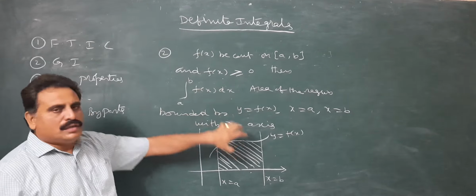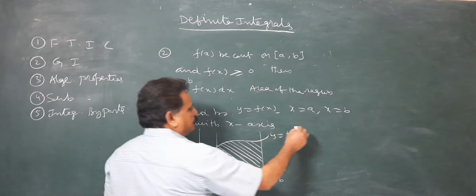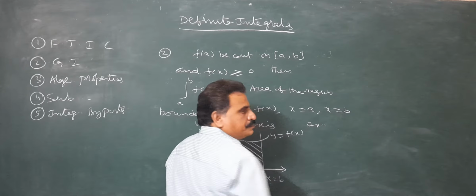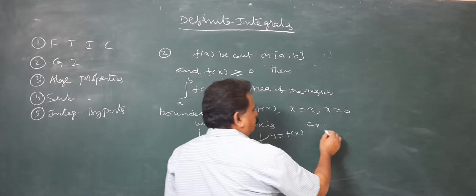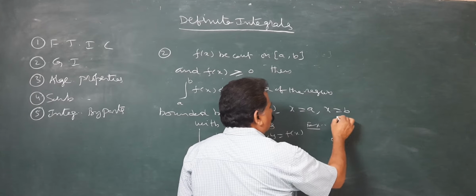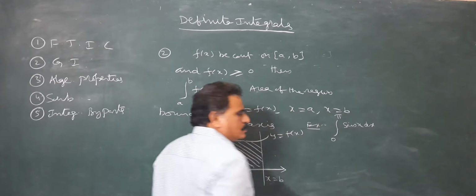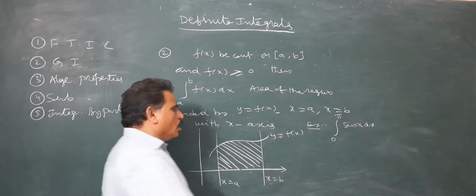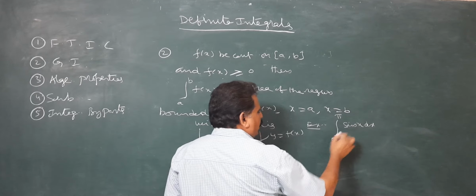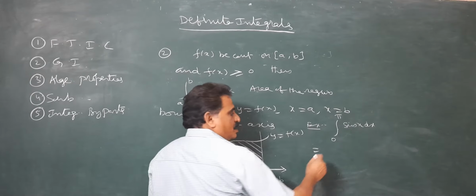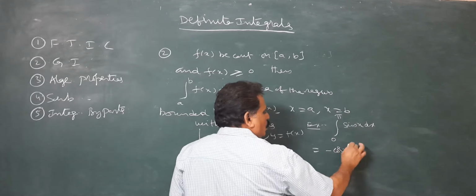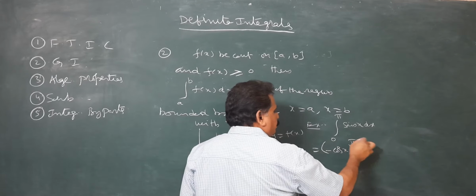This value is that. For example, if you take the integral 0 to pi sin x dx, you know the integration of sin x is minus cos x over the limits 0 to pi.